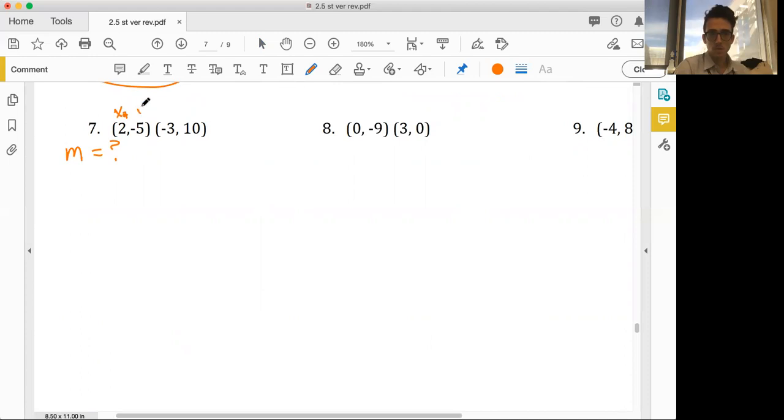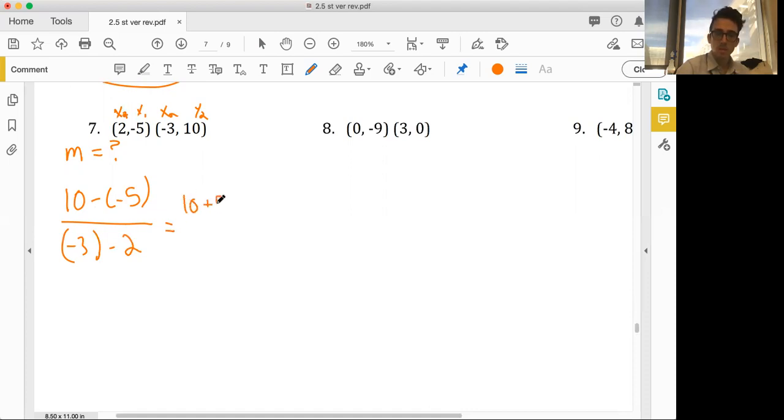So I'll call this x1, y1, x2, y2. So y2 minus y1, 10 minus -5. Divide that with x2 minus x1, so -3 minus 2 up here. 10 minus -5 is really 10 plus 5.